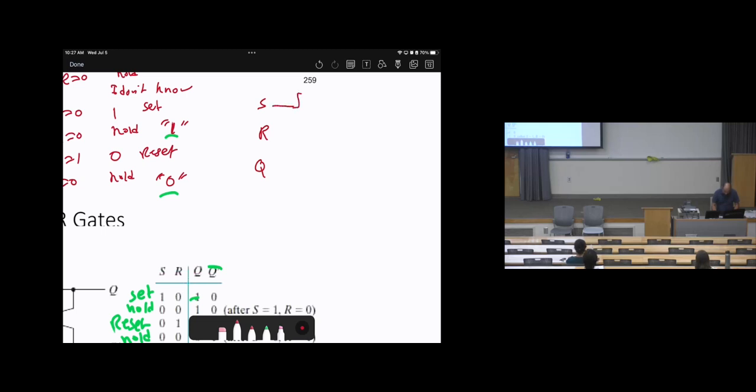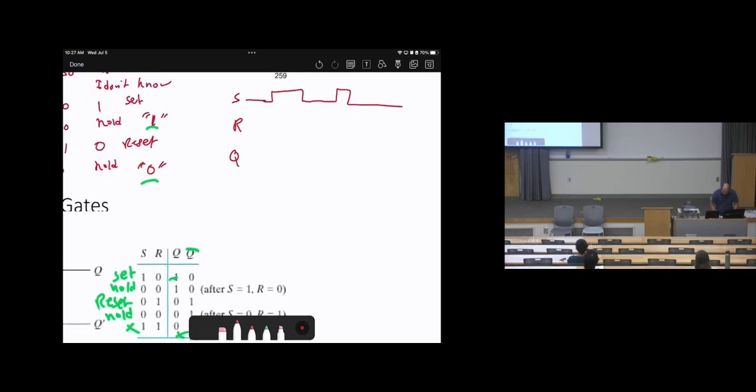Here is S, and I'm going to assume R like this. Okay. And your target is to find Q. How can we find Q?